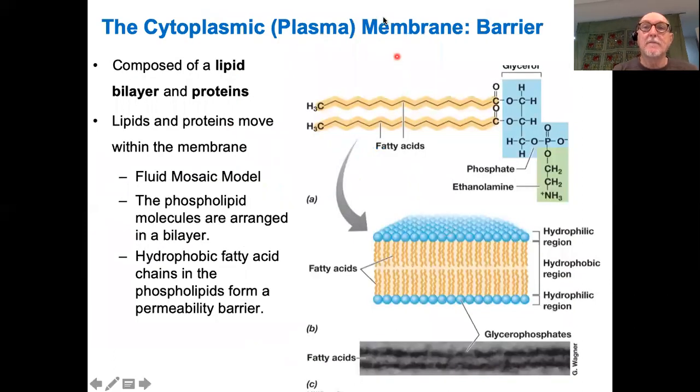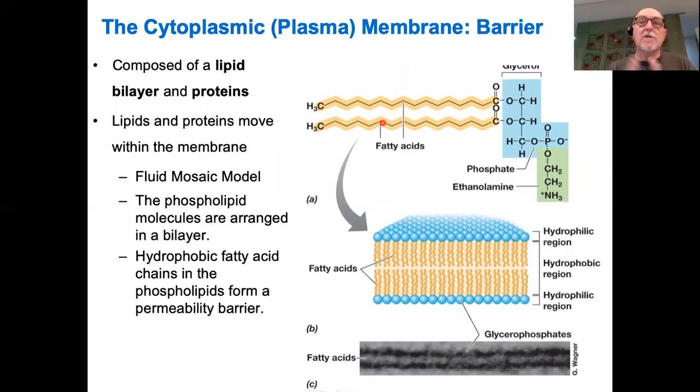Okay, so let's have a look here. We have referred to this before when we talked about biomolecules, but I'm going to run over again the structure of the cell membrane. There's the plasma membrane and cell membrane. This is the only membrane that the bacterial cell has.